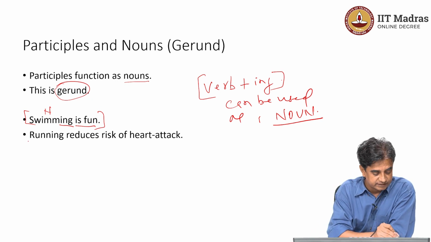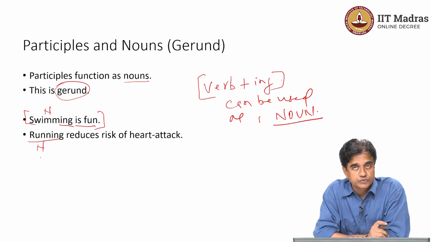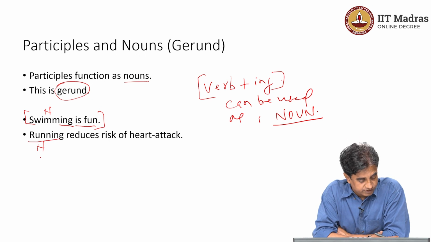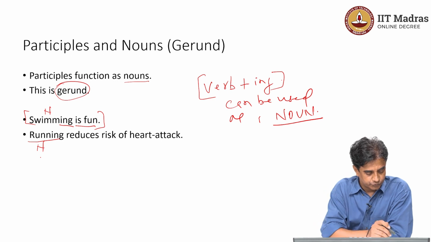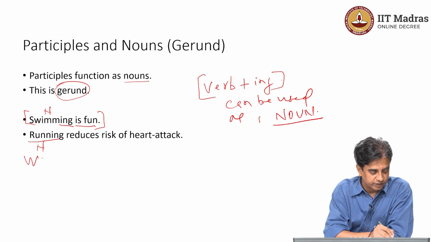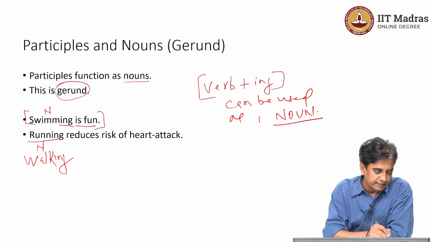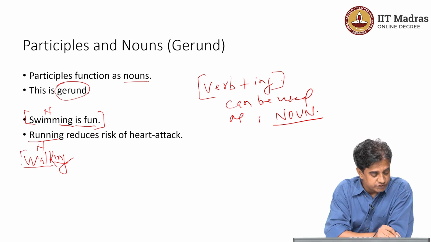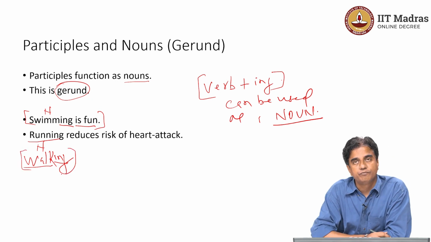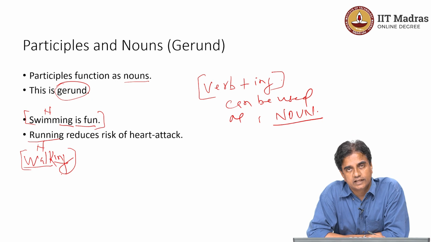So running is a simple noun, not used as an adjective for another noun. Running reduces risk of heart attack. We can also say walking. Adding an ing to a verb and using it as a noun is a very productive pattern in English.